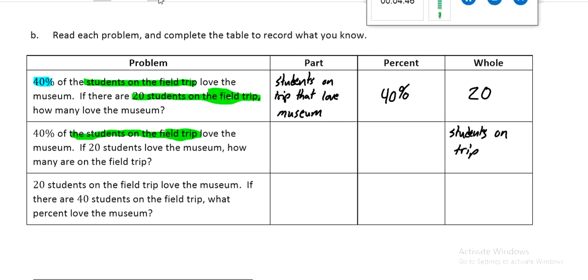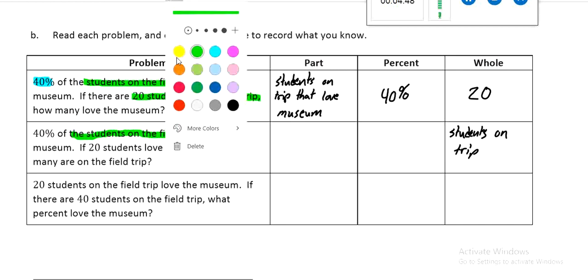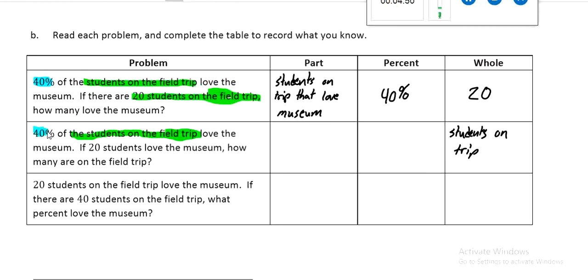The percent, we have a similar situation. They give us 40% again. And from here, the part is the students on the trip that love the museum.